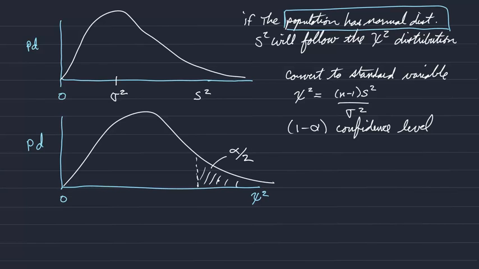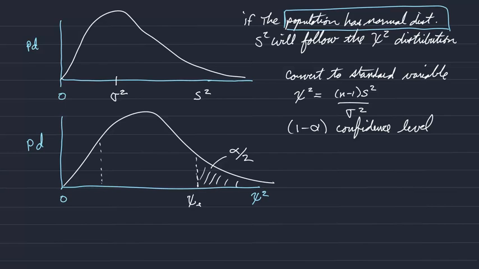So this is going to be an unlikely value of chi-squared. And we would do the same on the left-hand side. But it's important to note that unlike the normal distribution, the chi-squared distribution is not symmetric. And of course, it can't be centered on 0. It starts at 0. So we have to define two values of chi-squared for the critical value.